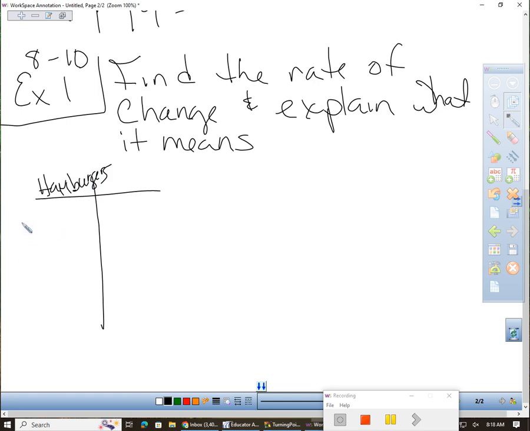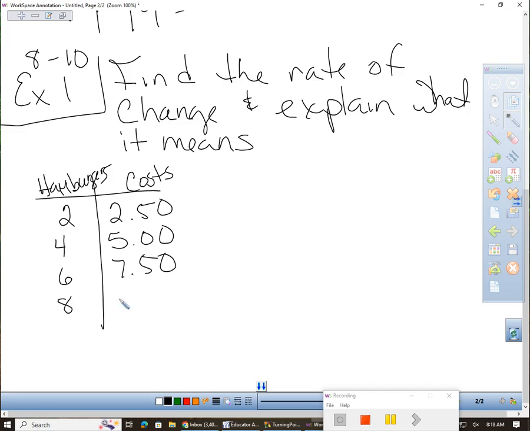And on this side, let's go with cost. And let's go with 2 is $2.50. 4 is $5. 6 is $7.50. And 8 is $10.